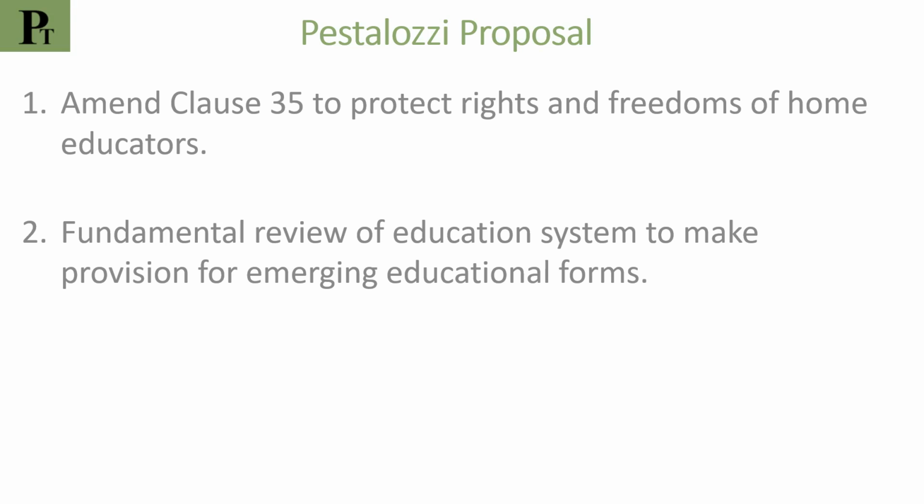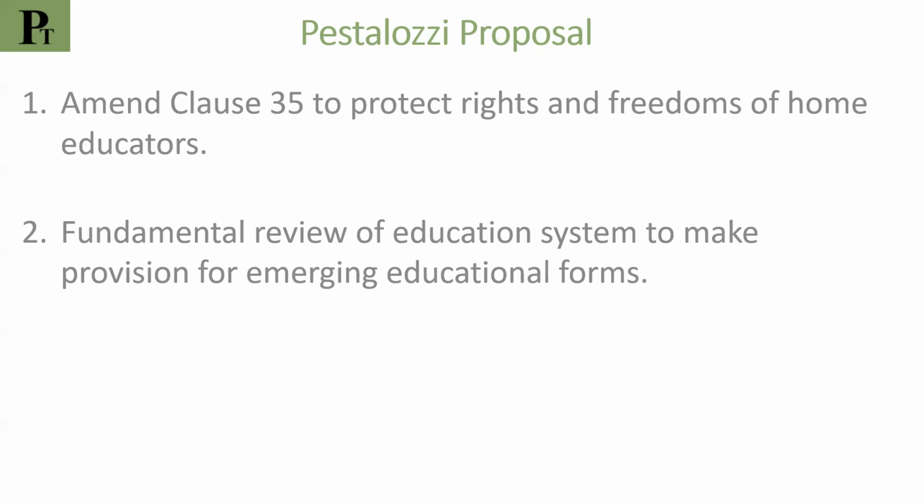So after they start enforcing the BELA Bill, there will be disputes and there will be legal action. In order to avoid such legal action, we propose an alternative formulation of Clause 35 that will protect the rights and freedom of home educating families and uphold the rule of law. So that is the first one, an alternative formulation of Clause 35.